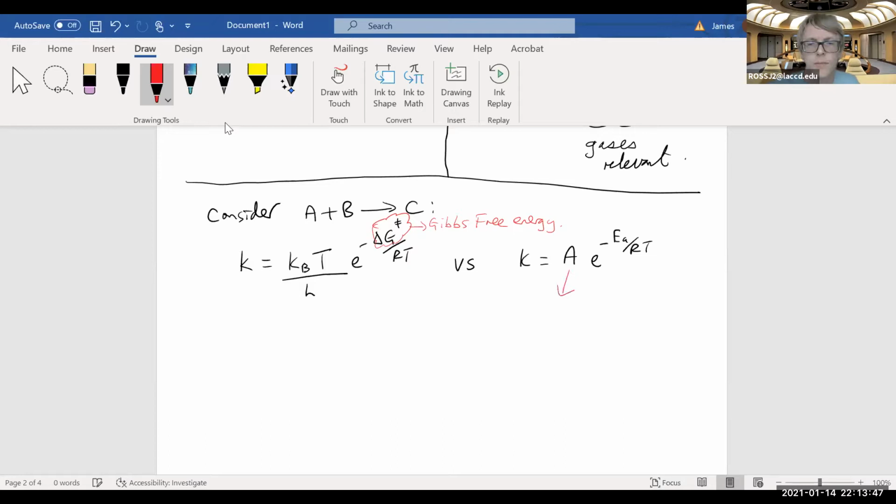So let's look here at this. We said previously that this was a frequency factor. That's what we called it, frequency factor. So by analogy, we know that this must be a frequency factor also.